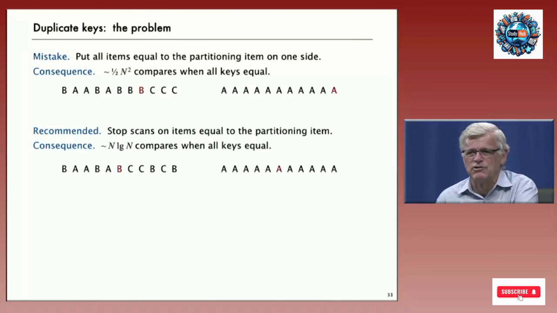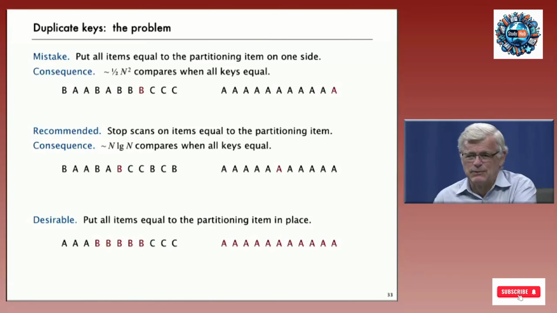And the result is a quadratic time algorithm. In our implementation, we stop the partitioning scans on items equal to the partitioning item, and then when all the keys are equal, it's going to divide it exactly in the middle. And then you get n log n compares.